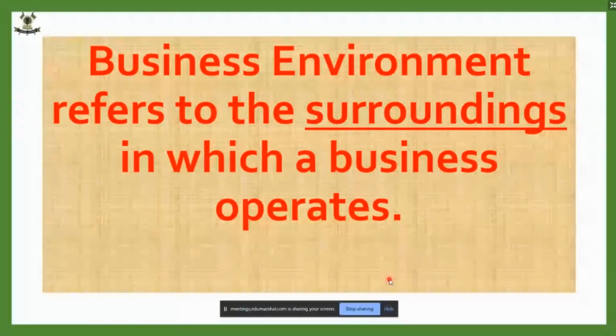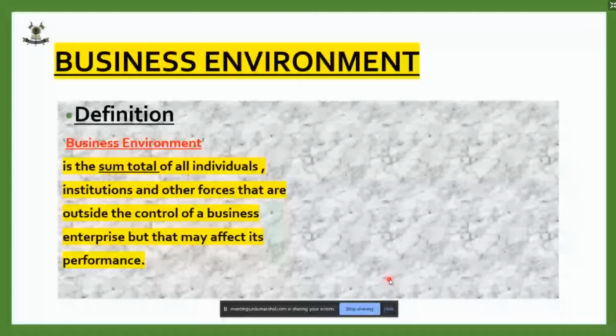We had also talked about the proper definition which is to be given when it is being asked. That is, business environment is the sum total of what? Individuals, institutions, and other forces like social, economic and political dimensions, all the types of institutions, all the types of individuals, in totality.